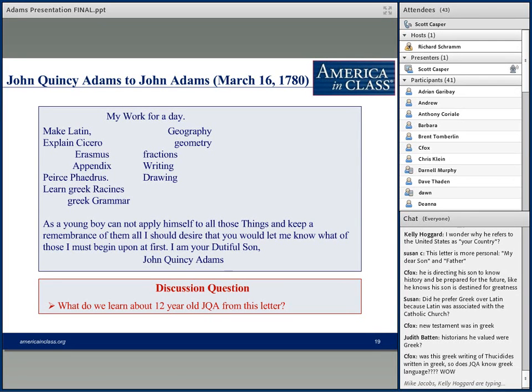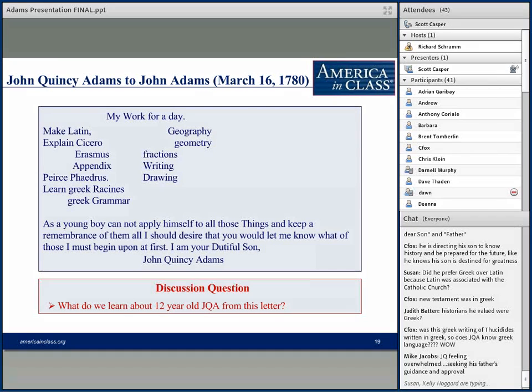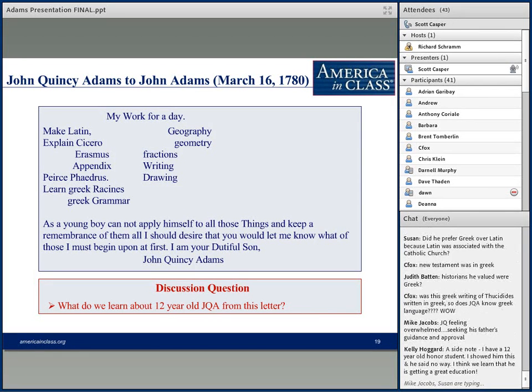What do we get from this letter? What do we learn about little John Quincy, now 12? Getting a very rigorous classical education, to be sure. And I think that if his father had a sense that he was destined for life, say, as a merchant, the story would be very different.